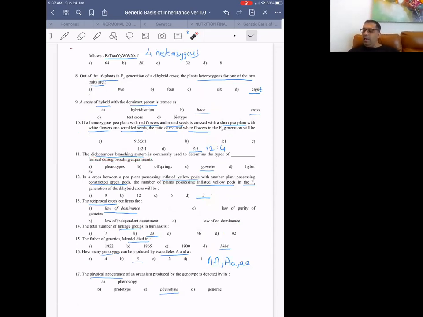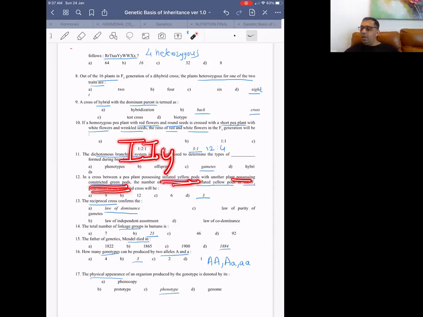Correct. Then in a cross between a pea plant possessing inflated yellow pods with another plant possessing constricted green pods, the number of plants possessing inflated yellow pods in the F2 generation will be. Now this is simple. Inflated is dominant and yellow pod is recessive, and it is crossed with constricted green pods.